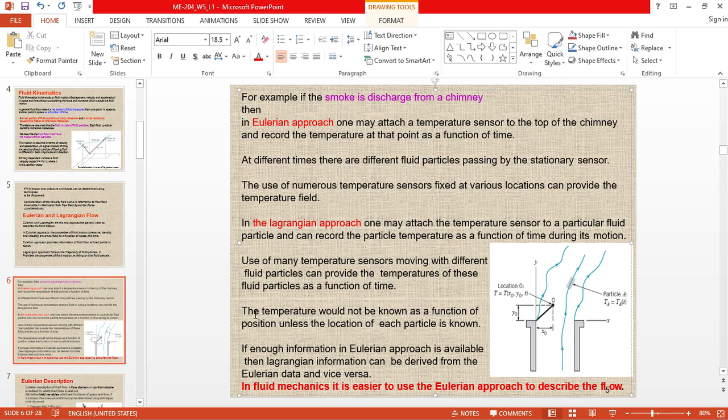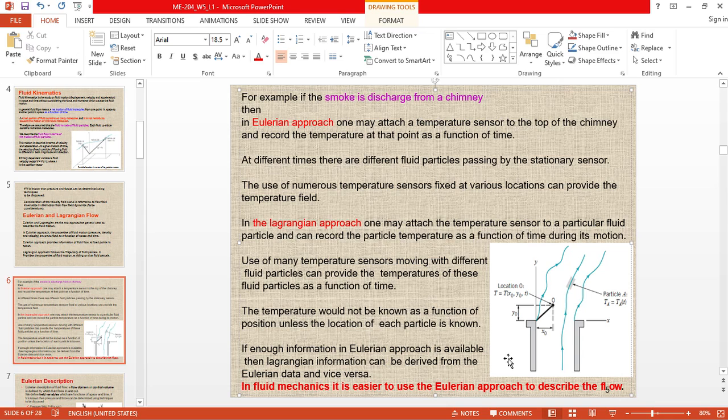The temperature would not be known as a function of position unless the location of each particle is known. If enough information in the Eulerian approach is available, the Lagrangian information can be derived from the Eulerian data and vice versa. Based on analysis, the Eulerian approach is easier and more effective, but in some cases the Lagrangian approach is very important.